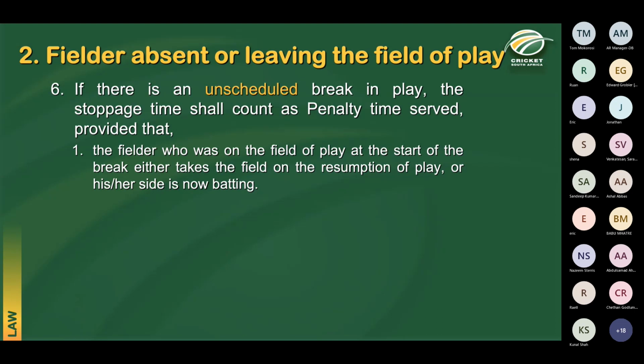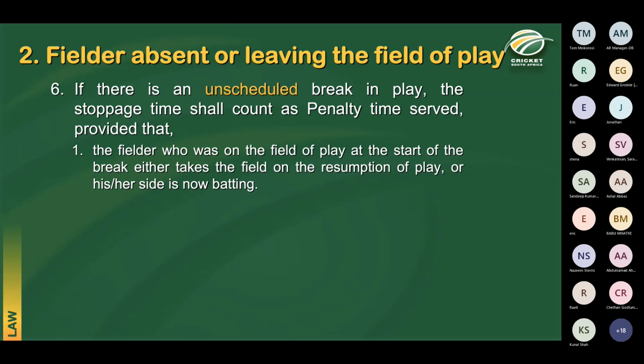And the law says that the player was on the field when the rain interruption started, and he comes back onto the field with the rest of his teammates after the unscheduled break at 11:20. Then if those two criteria are met, the bowler can use that 15 minutes as penalty time served. Why?